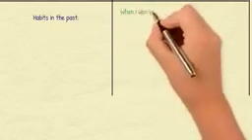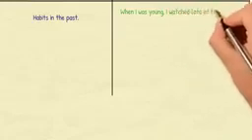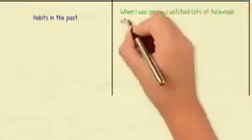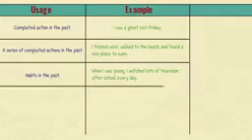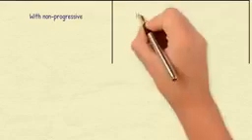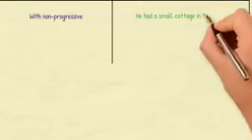Habits in the past. When I was young, I watched lots of television after school every day. With non-progressive verbs. He had a small cottage in the woods.